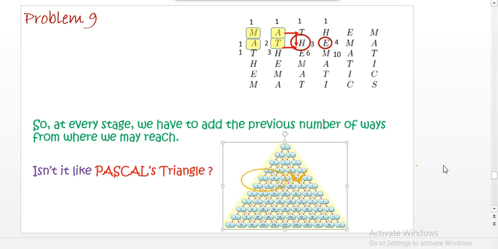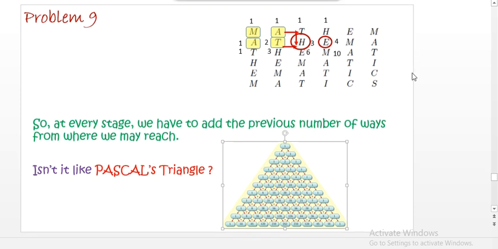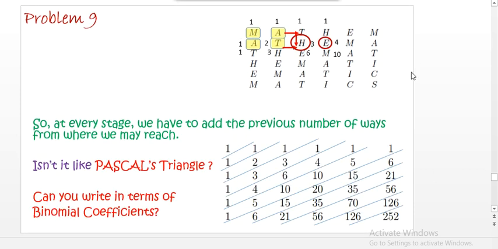So it is the sum of the immediately above two numbers. So over here also we are just summing up the number of ways till the letter before the current letter.